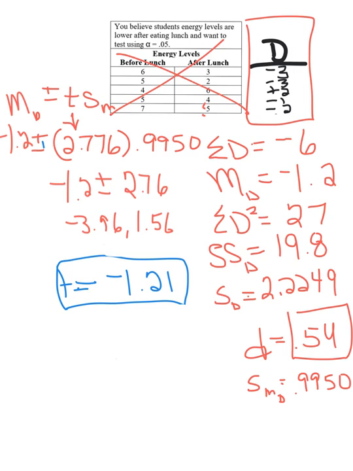So remember negative 1.21, okay, and we're going to go ahead and write down some of this information. If you recall, our original hypothesis is that we believe students' energy levels are lower after eating lunch. So they're actually not, right? So here's our negative 1.21, okay?